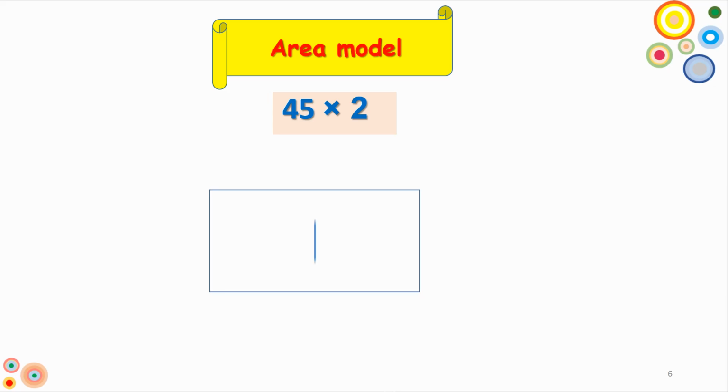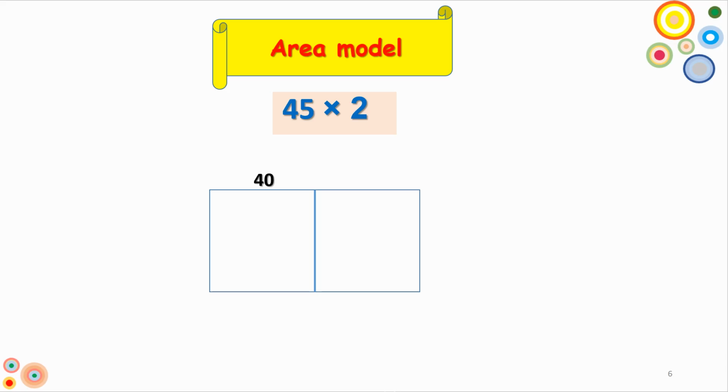And divide this rectangle into, I have here 2 digits. So divide into 2 parts. And the next one, just 1 digit. So keep the short side as it is. We divide just the long side into 2 parts. And decompose 45. What is decomposing?